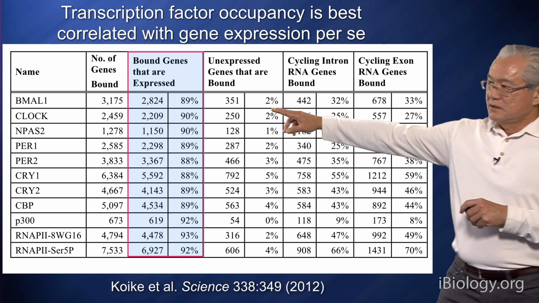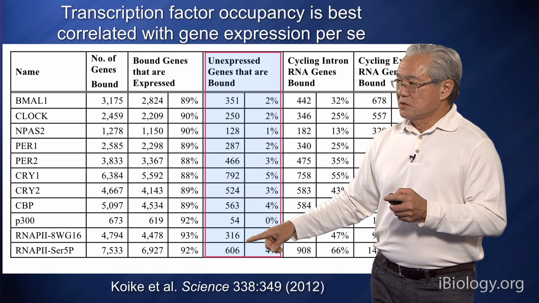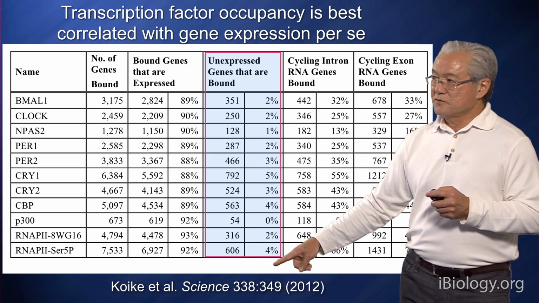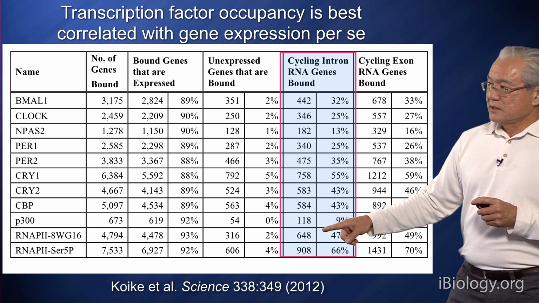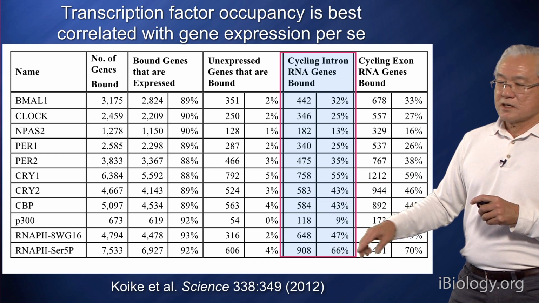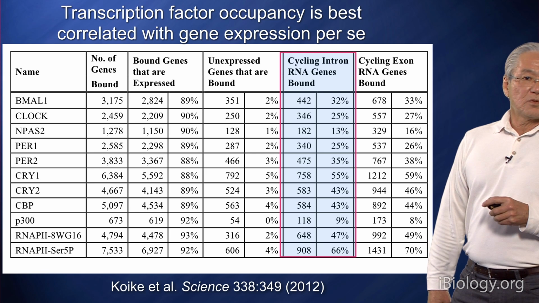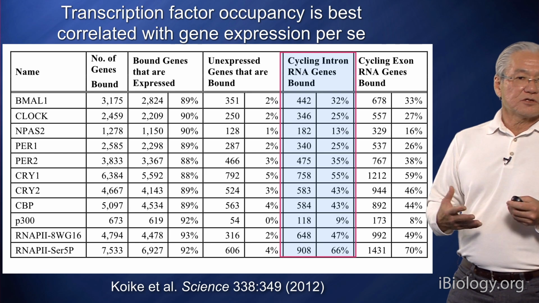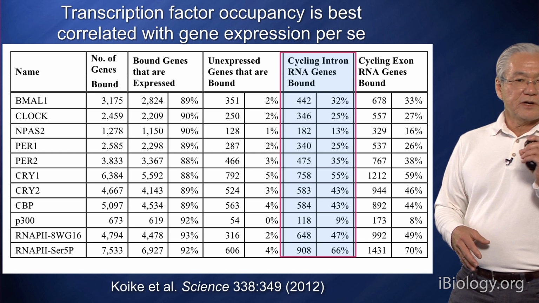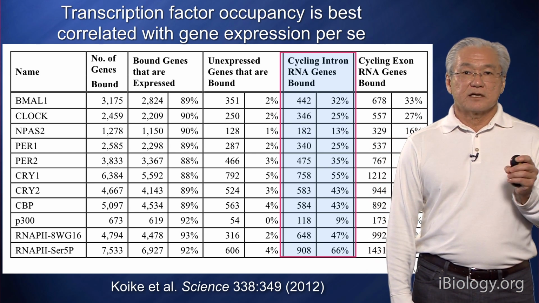That's a very strong correlation, which of course is very low for unexpressed genes. But the surprise is that cycling genes are not especially enriched for circadian factors. Rather, the circadian factors are acting more like general transcription factors. They are directly correlated with gene expression per se, not cycling.